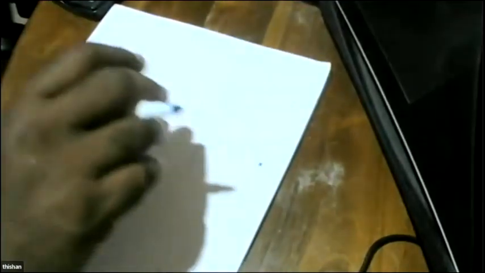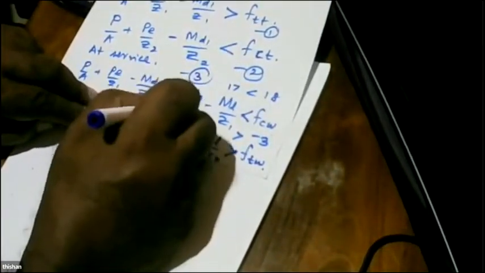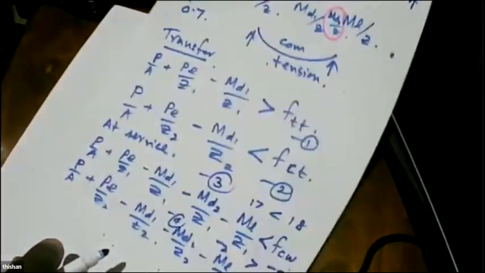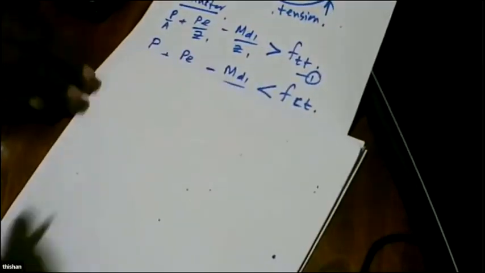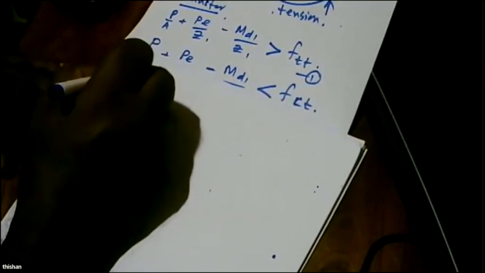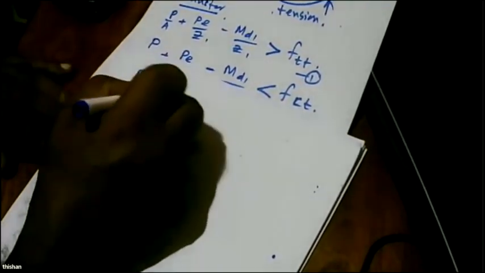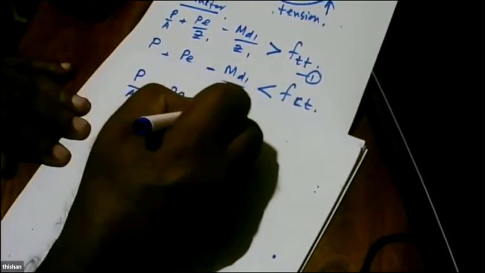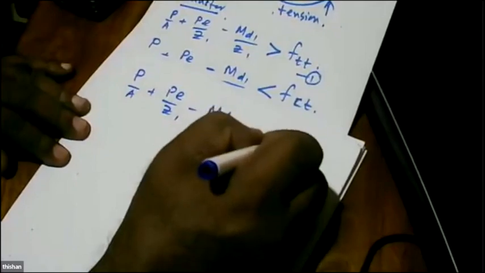Equation number 1, 2, 3, and 4. This is number 3, and here you get number 4. So we have 4 equations, and we have to rearrange them. First I will rearrange the first equation. Here you can see P over A plus PE over Z1 minus MD1 over Z1 should be greater than FT.